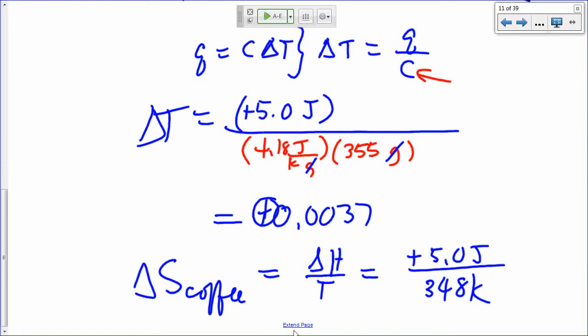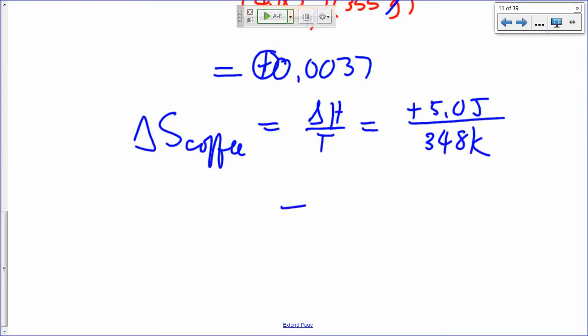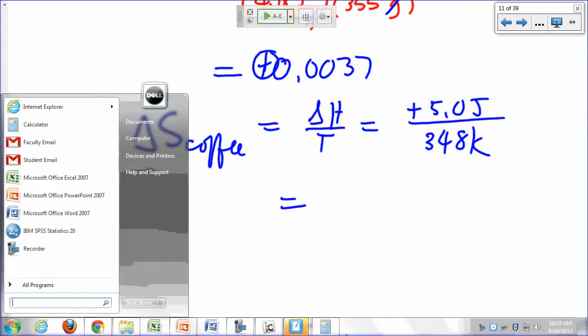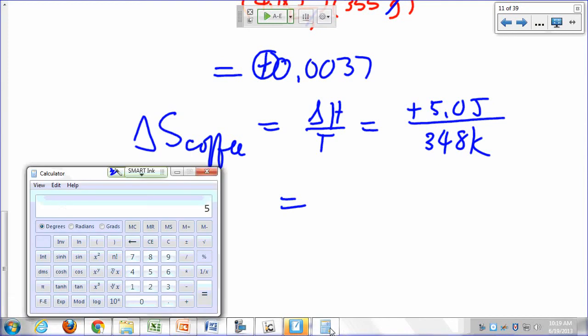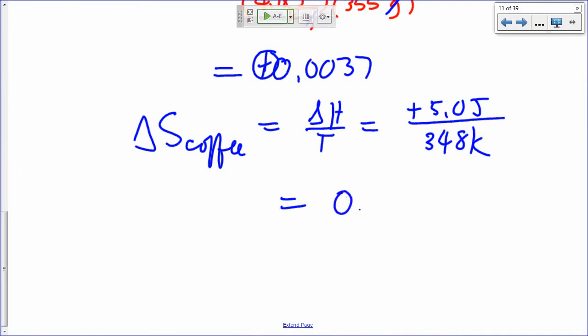So how much is that? Five divided by 348, 0.0144266 joules per Kelvin.